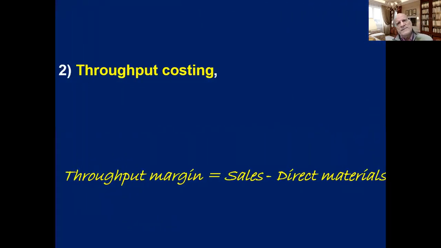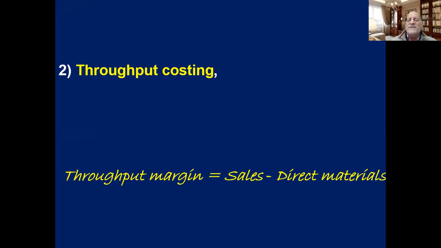Throughput costing, sometimes called super variable costing, recognizes only direct materials costs as being truly variable, and thus relevant to the calculation of throughput margin.